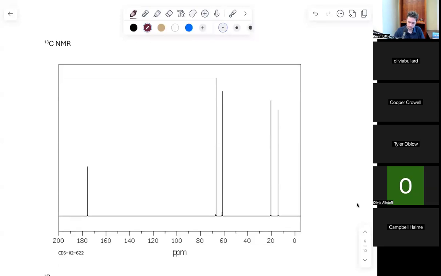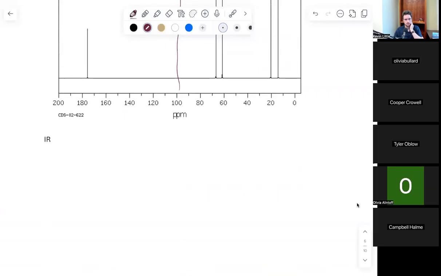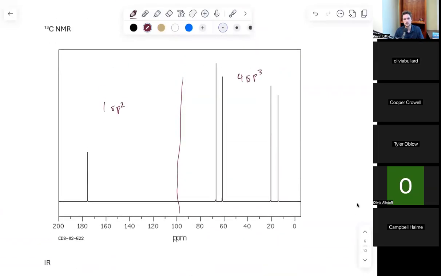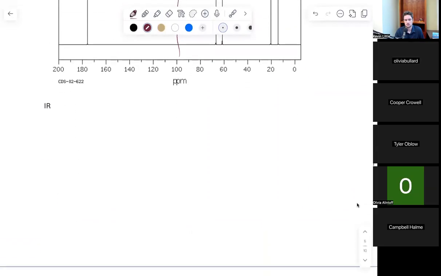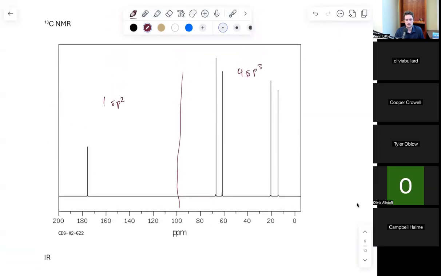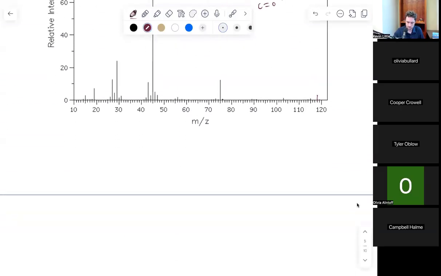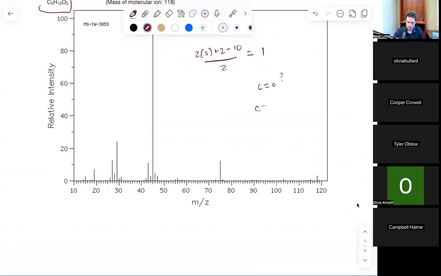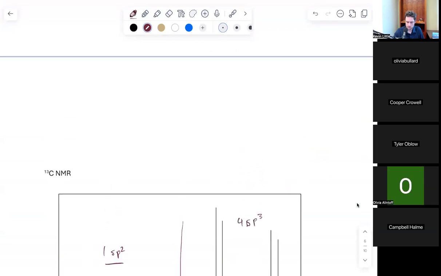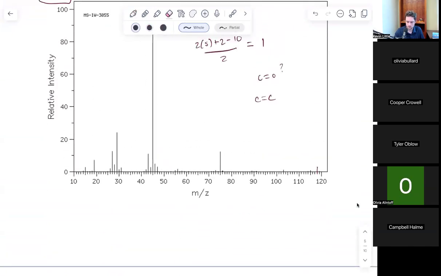Carbon NMR: there's 1 sp2 and 4 sp3s. Don't waste your time; we'll use this to double check later. But this does give me the impression that I might be right. If my degree of unsaturation was a C double bond C, then I would most likely see 2 peaks in the sp2 region, but I don't.